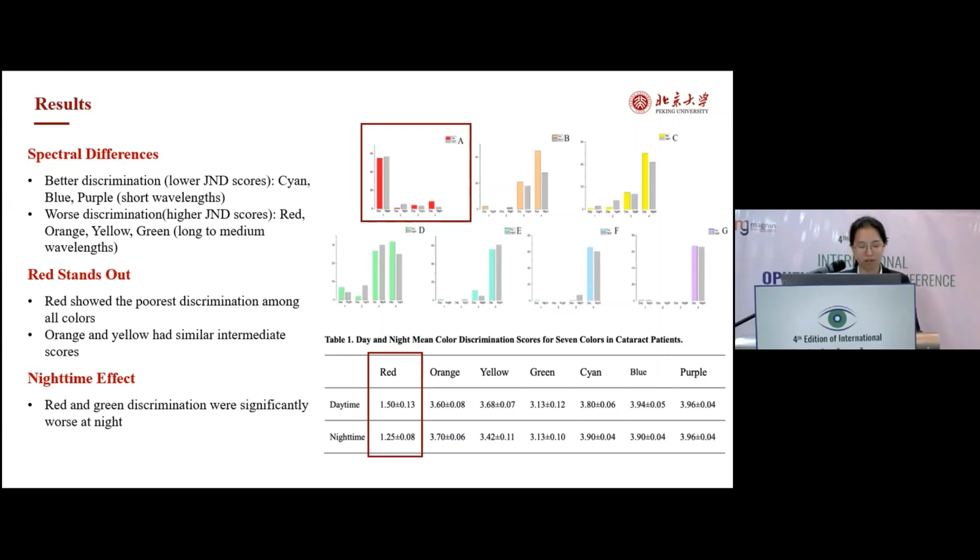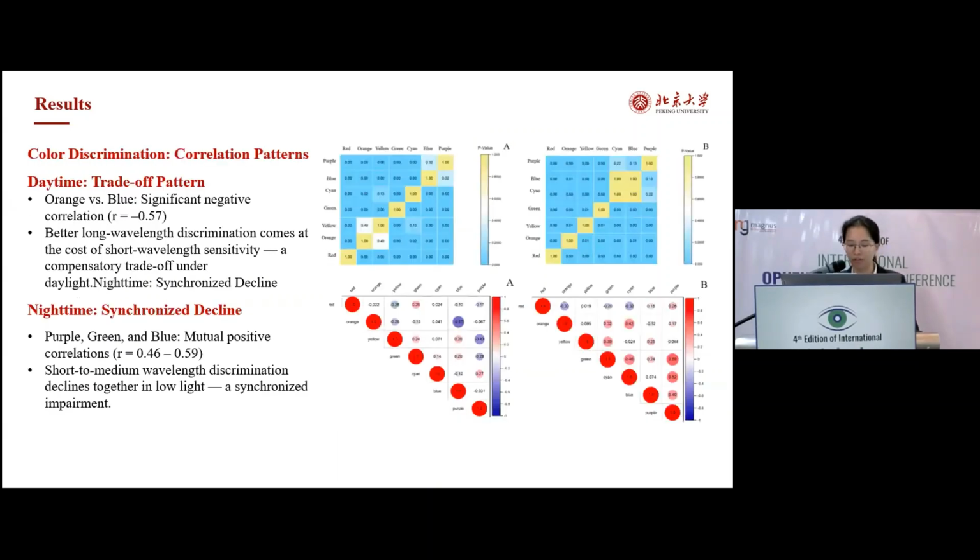So now let's look at the correlation patterns, because they reveal something truly fascinating about how the visual system adapts to cataract-related changes. During the day, we observe a trade-off pattern. Specifically, there is a significant negative correlation between the orange and blue discrimination, with a correlation coefficient of minus 0.57.